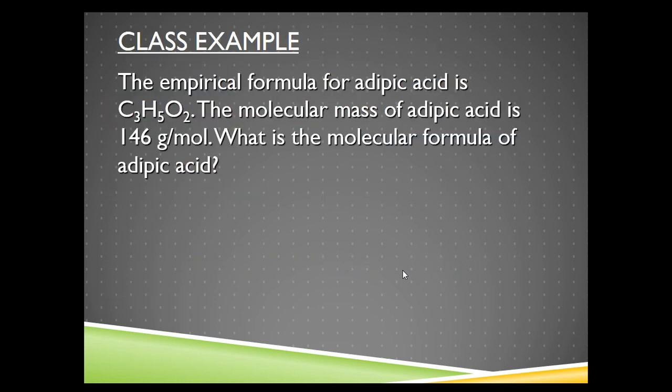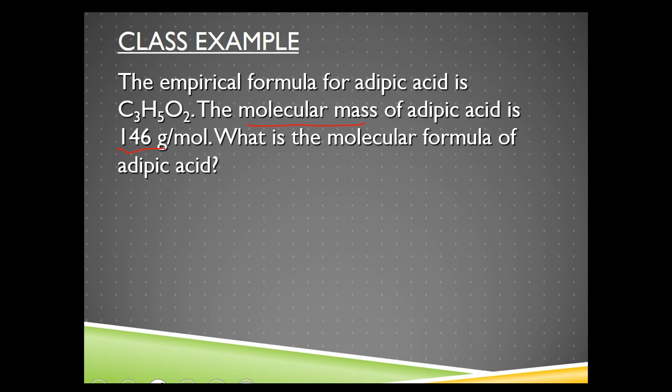Okay, so here's our first example. So empirical formula, let's get my pen up here. So the empirical formula for adipic acid is C3H5O2. The molecular mass, okay, so I am giving you the molecular mass. I have to, okay? You can't just guess. This is the molecular mass, okay?